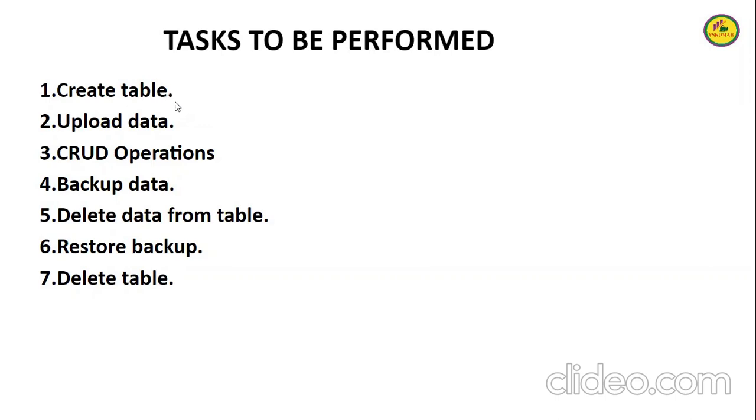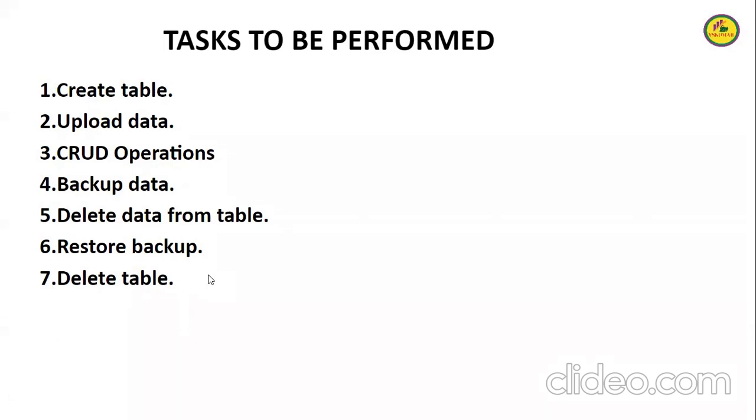Then we will upload this data into the DynamoDB table. Then we will do some CRUD operations: create, read, update, and delete. Then we will back up the DynamoDB table data. Then we will delete this data from the table. After that, we will restore this backup into one of the tables. Then we will delete the original table. So these are some operations using the DynamoDB table.